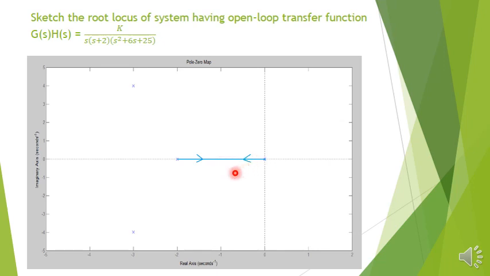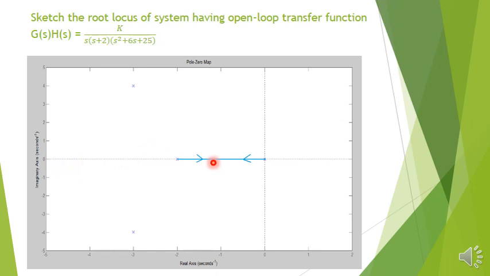If I consider any point between 0 and minus 2, to the right there exists only one pole, which is an odd number, so this entire portion is part of the root locus. If I consider any point to the left of minus 2 up to minus infinity, to the right there exist 2 poles. Zeros do not exist, but a total of 2 poles exist, which is an even number. So this is not a part of the root locus.